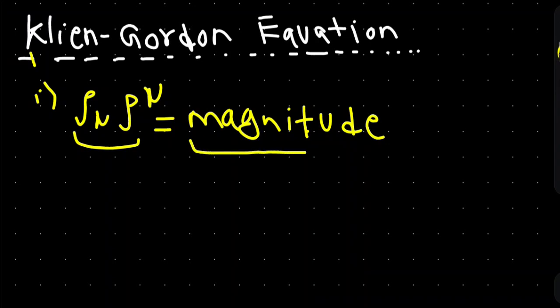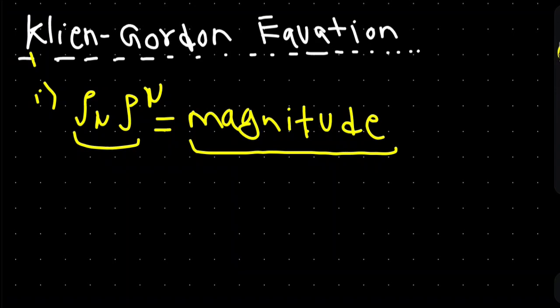But what is the momentum 4 vector? You can say the momentum 4 vector is a generalization of the 3D momentum to our 4D space. That's why here I have taken the dot product of the momentum 4 vector, which gives us the magnitude. In special relativity you will see that this momentum 4 vector magnitude is invariant.